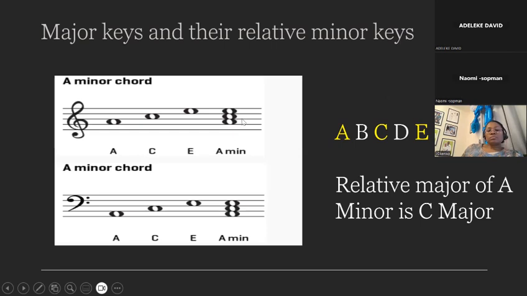A1, B2, C3, D4, E5. So between A and E is a fifth apart. And between C and E is also a third apart.